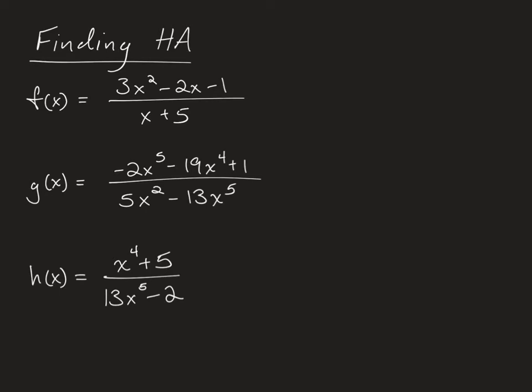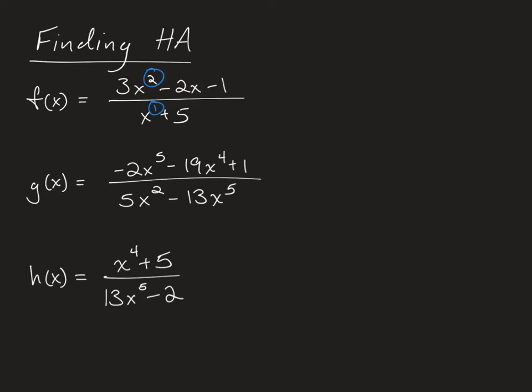Okay, 3 quick examples on how to find horizontal asymptotes. This is how rational functions would normally be looking. You can see it's a polynomial, nothing is factored. All right, so to find the horizontal asymptote, you have to find the biggest exponent for x in the numerator, that's 2, and the biggest exponent of x in the denominator, 1.